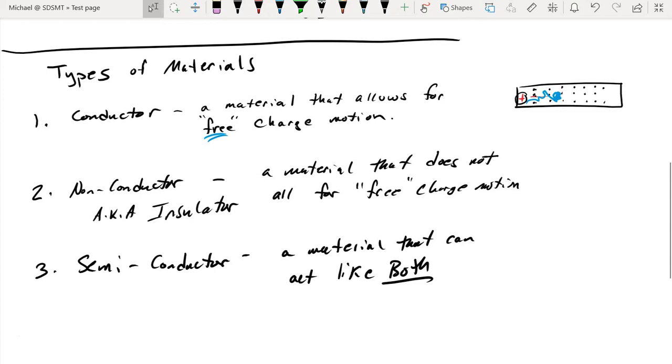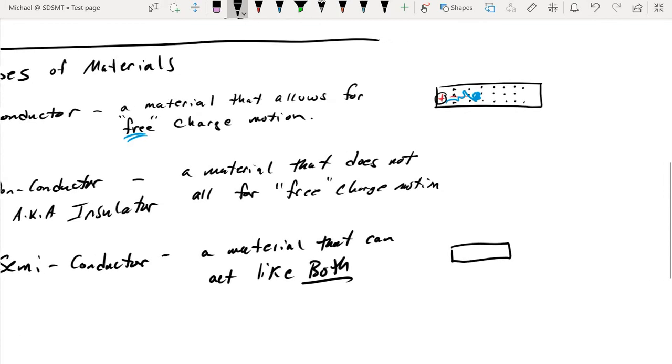So if you increase the temperature of your semiconductor, typically it will revert to an insulative state, whereas if you cool it down, it will revert to a conductor. And these semiconductors are very important because now you can have one object in your circuit that can do 2 things. It can act as an insulator or a conductor.